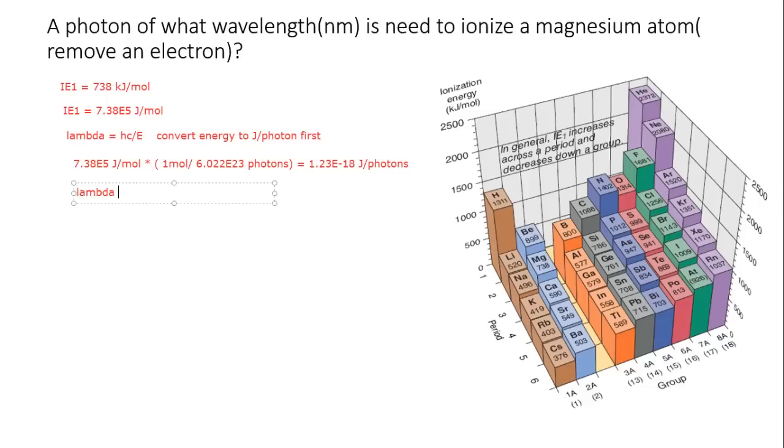So lambda equals 6.626 e to the negative 34 times 2.998 e to the 8th divided by 1.23 e to the negative 18. And this will give us the lambda in meters.